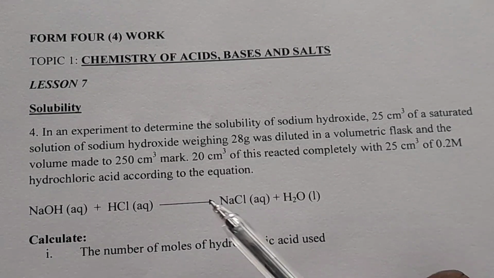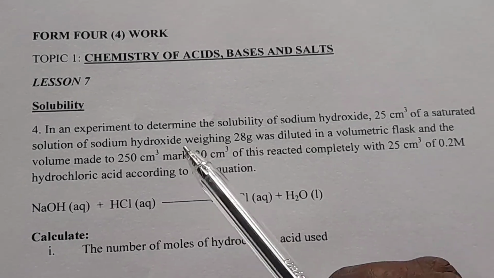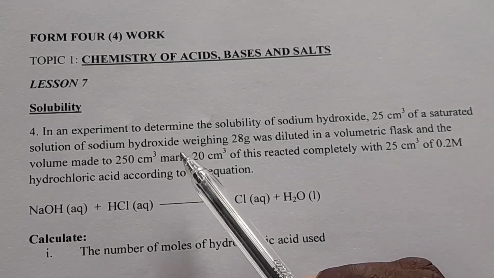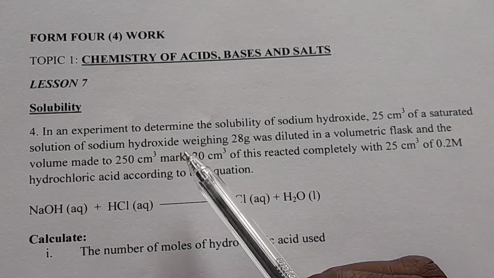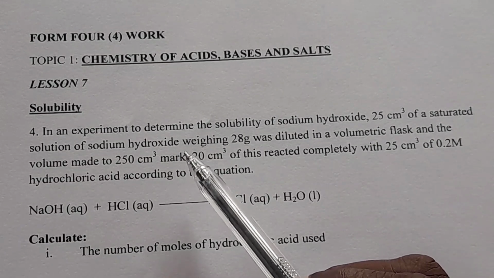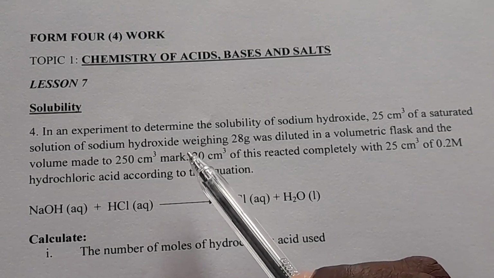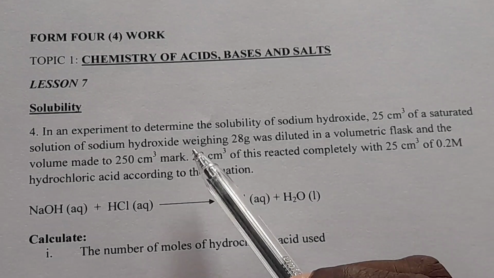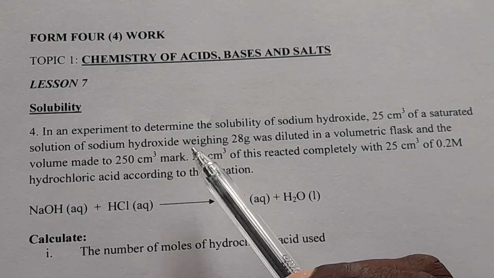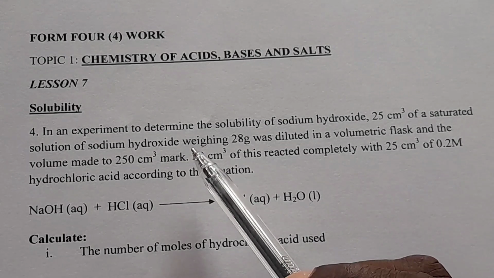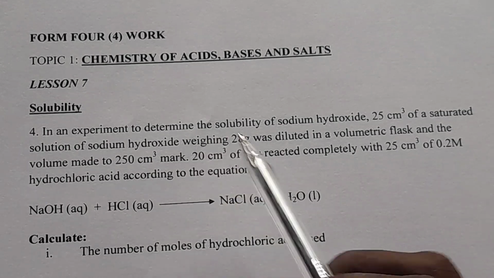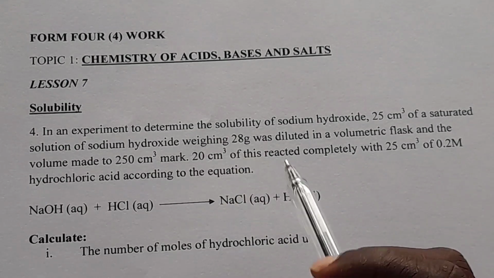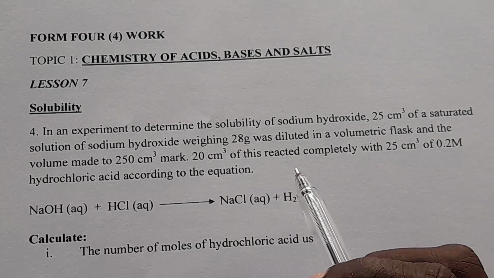Here we are dealing with calculating solubility, and we are using the mole concept. Remember, we can use the mole concept to calculate solubility. Learners, in Form 3, topic 2, chemistry of the mole, we learned volumetric analysis or titration. We had something called direct titration, and in direct titration we had a standard solution.